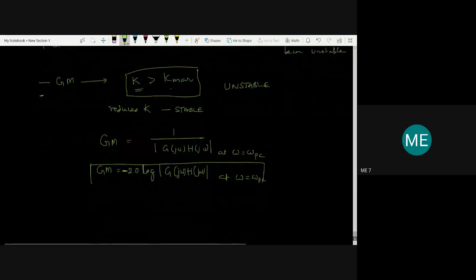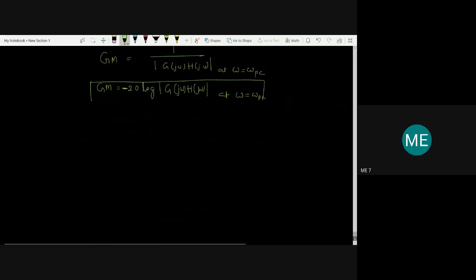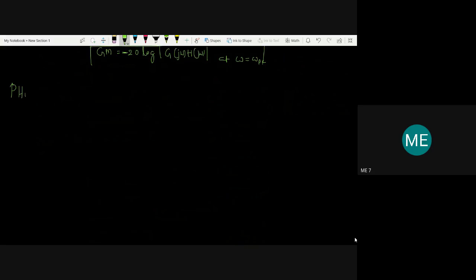Next, phase margin. Similar to the gain margin, we are going to find out the phase margin. In the phase margin, it is possible to introduce phase lag in the phase.